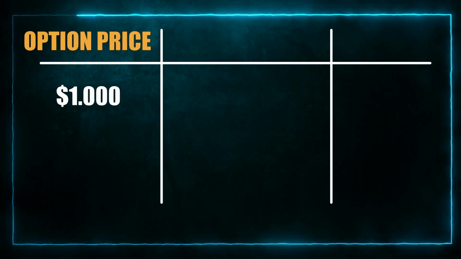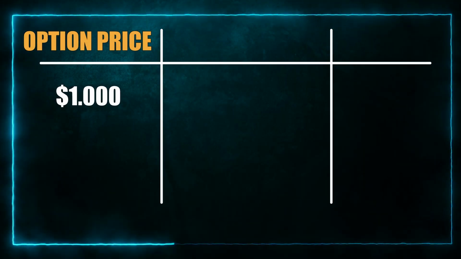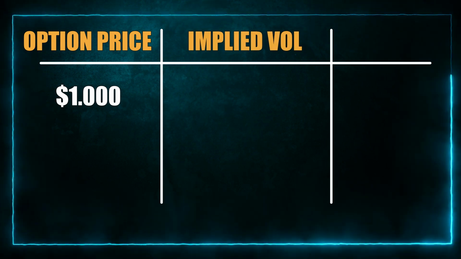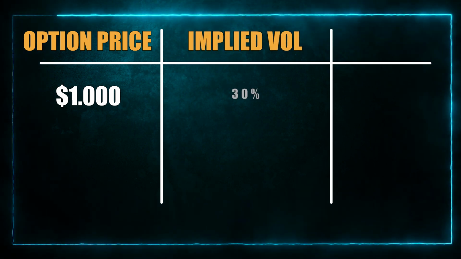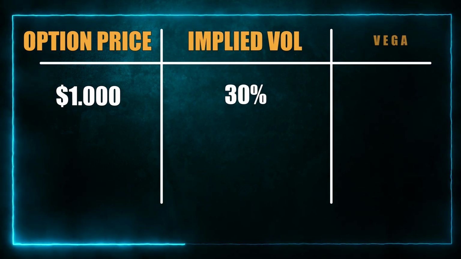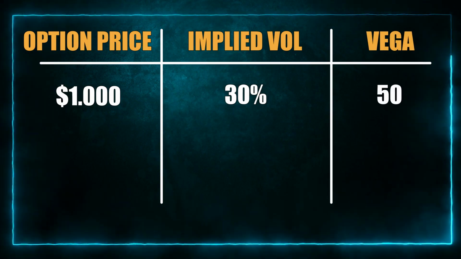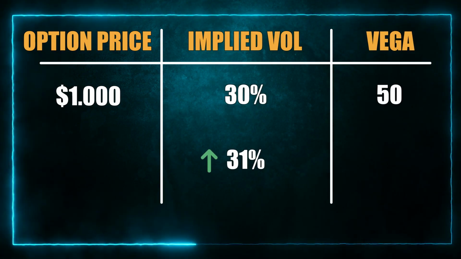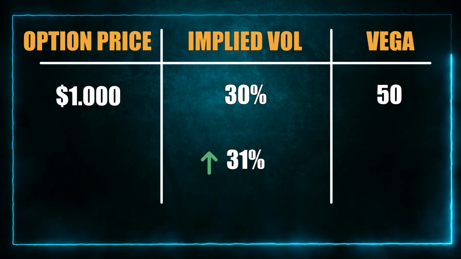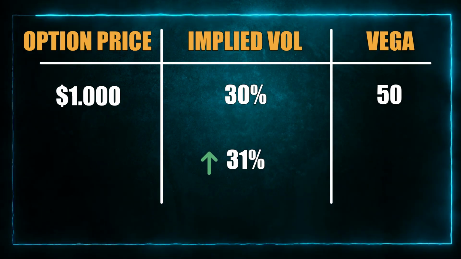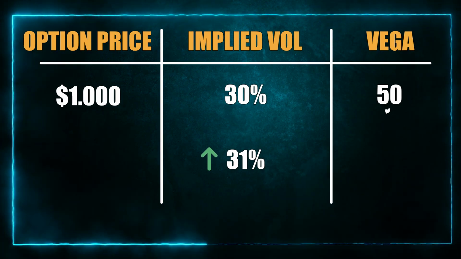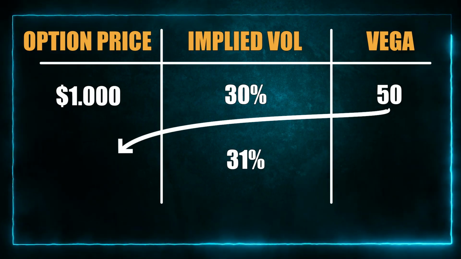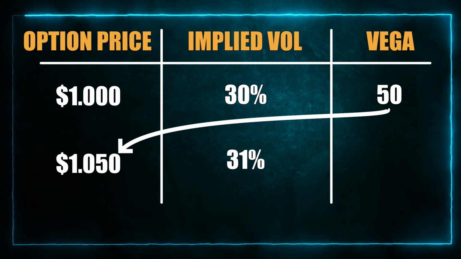So we have an option price of $1,000, and let's assume that the implied volatility is equal to 30% and Vega is equal to 50. So let's assume that implied volatility increases by 1%, from 30% to 31%, and as a result the option price increases from $1,000 to $1,050. So you get it.